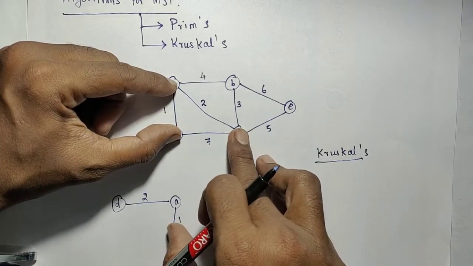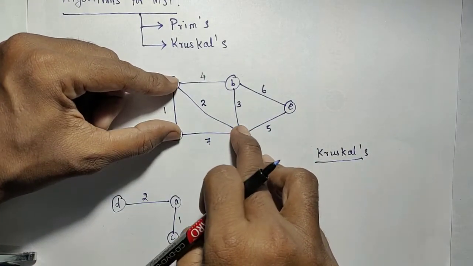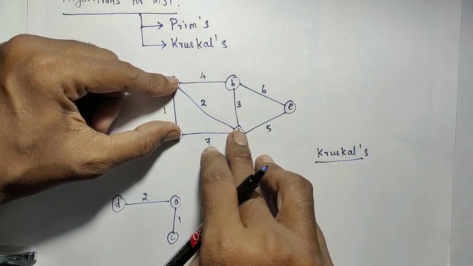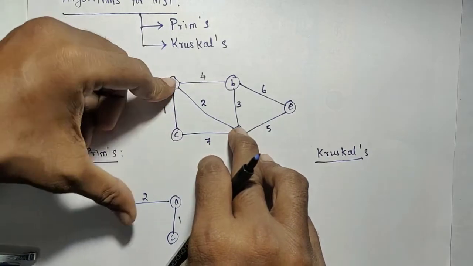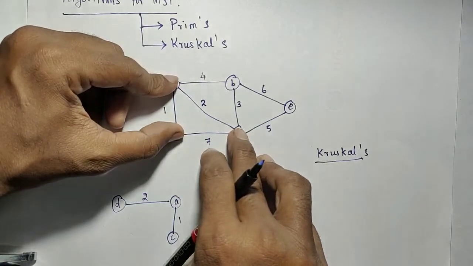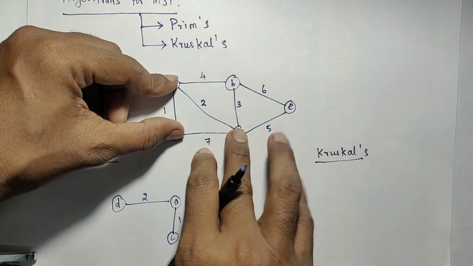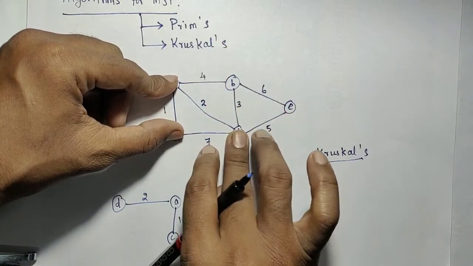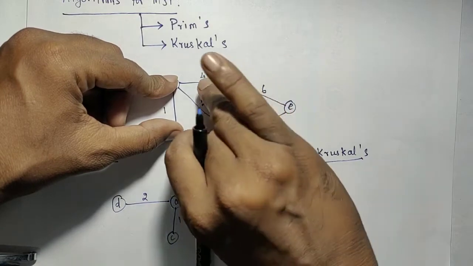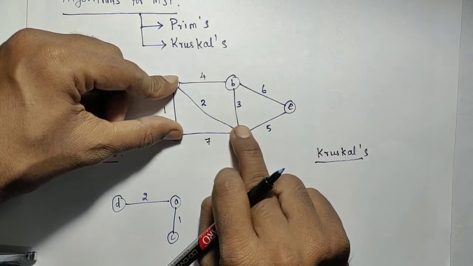What are all the leaving edges? 1 and 2 are already in the tree, so you can leave those. Except for those, we have 7, 5, 3 and then 4. So these are the leaving edges.